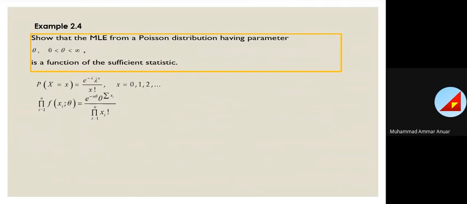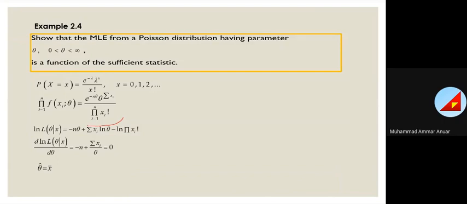Sorry, it is theta now, so we replace lambda with theta. Simplifying, we have e to the power negative n theta, theta to the power summation xi, over product xi factorial. To find the MLE we take ln, giving negative n theta plus summation xi ln theta. Differentiate with respect to theta and set equal to 0, so we have x bar as the MLE.